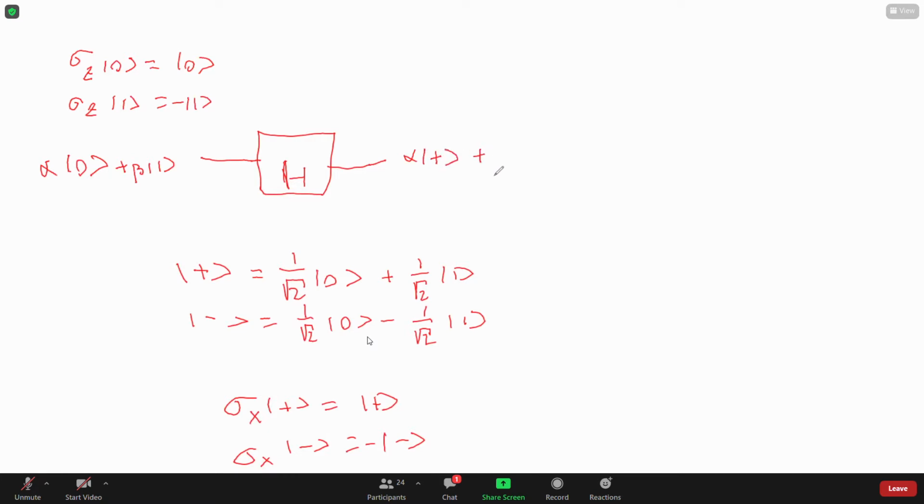Meaning it changes 0 to plus and it changes 1 to minus. And vice versa, because it turns out that it's actually its own inverse. So if we would then continue and have that Hadamard again, we would just go back to alpha 0 plus beta 1.